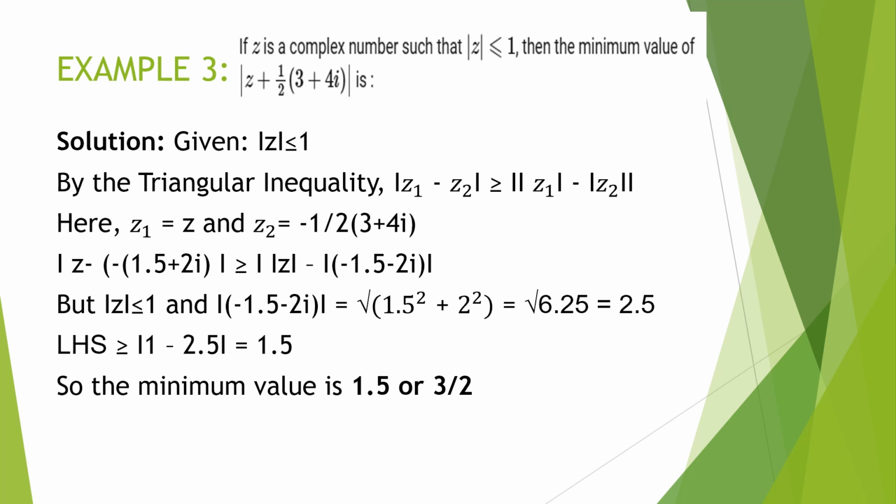So 1.5 square plus 2 square, which is equal to root of 6.25 or 2.5. So we have got that the left hand side is greater than or equal to 1 minus 2.5, mod of which is 1.5, because mod means it is always positive. So the minimum value is 1.5, or you can say 3 by 2.